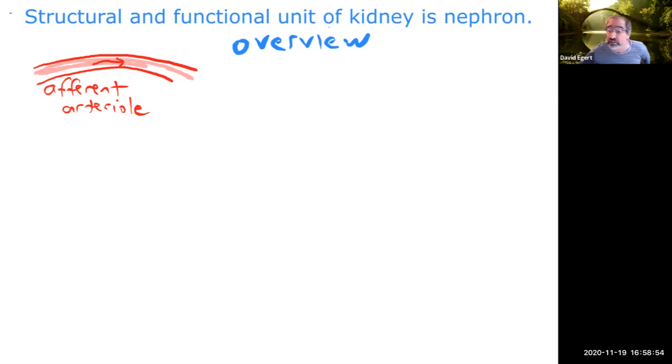I said it branches into like a million little afferent arterioles feeding each of the million nephrons. This is then going to go into a super leaky capillary called the glomerulus. Glomerulus means little ball.